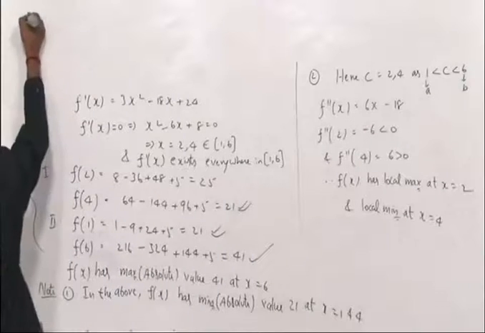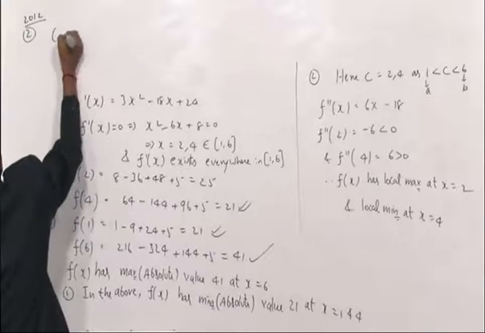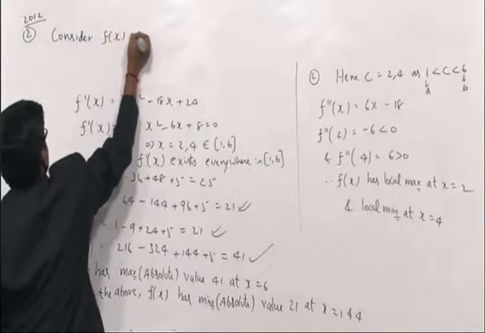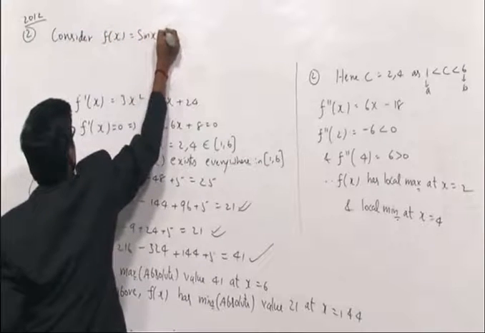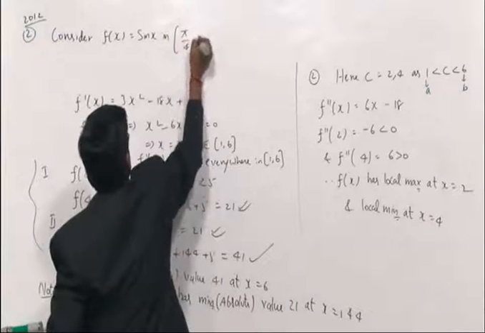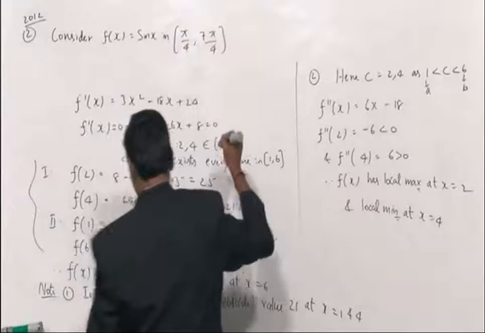Which is asked in 2012 in one branch. Consider f of x is equal to sin x in pi by 4 comma 7 pi by 4.